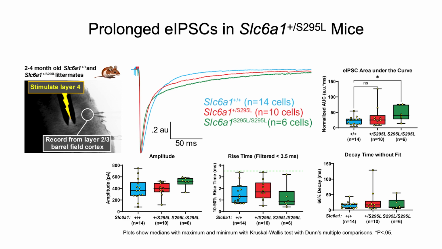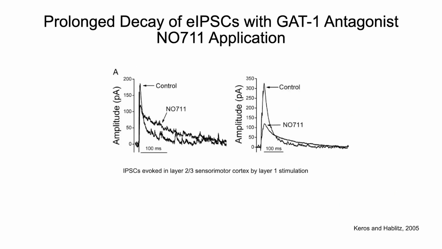But I felt like a lot of the responses I was getting for these neurons were a bit variable. So I looked at other publications on the subject that might give me an idea of how to test this, and found one study where they didn't use a knockout, but used NO-711, a GAT1 blocker that was previously mentioned. Compared to a normal evoked event, an evoked event with NO-711 has greatly increased amplitude.